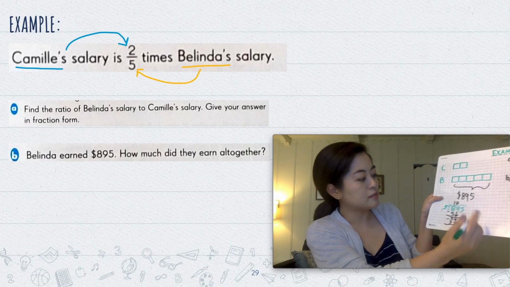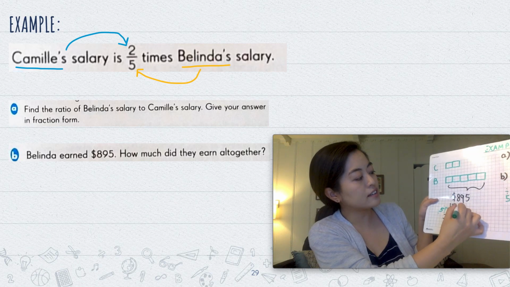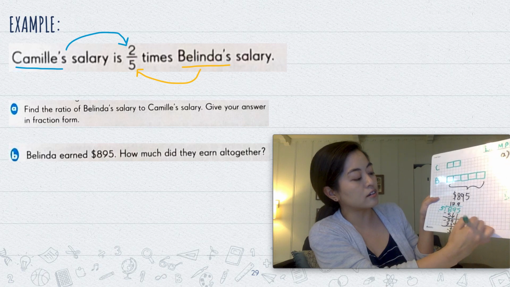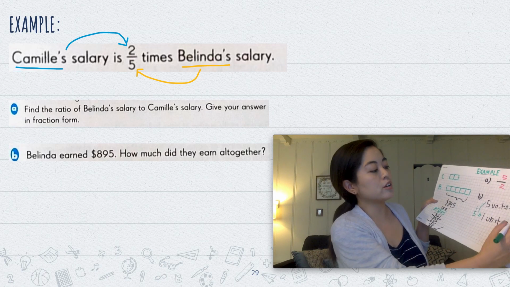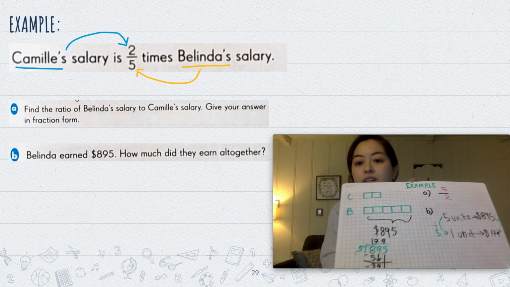You see it? Okay, and then I bring down the 5. 5 times 9 gets you 45, and then that'll be 0. Woohoo! So 1 unit is $179. But am I done?